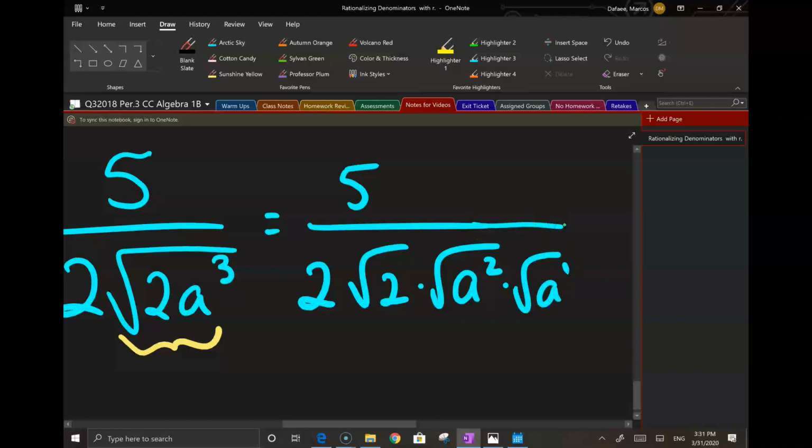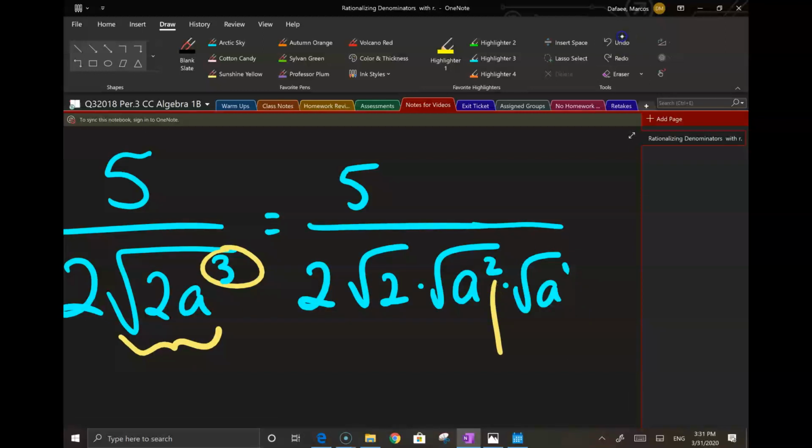Here's where that comes from. The idea is that when you take the 3 and you try to extract as many powers of 2 from it, you can only pull out one single power of 2 from it. And what's left over is simply a power of 1. Because 2 plus 1, as we know, is 3. So that's where that came from.